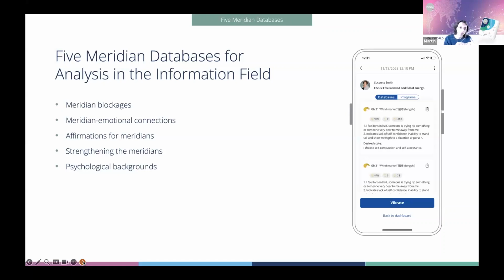And of course, if you analyze meridian blockages like in the first database, there are also blockages that are very specific for this meridian.